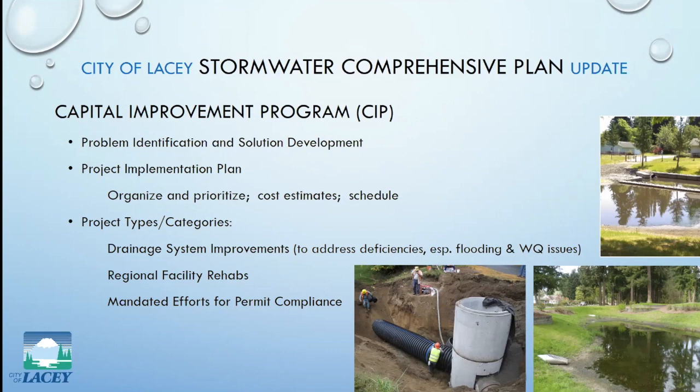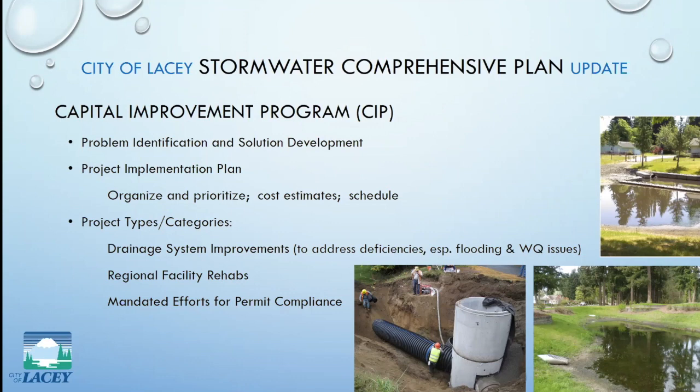So there are 3 types or categories of projects. The drainage system improvements, which is the biggest part of it. That's the design and construction of improvements for our drainage system. And then we have just a few that are what we call regional facility rehabs. So these are public stormwater facilities that take water from our drainage system and provide treatment and then either infiltration or discharge to surface water.